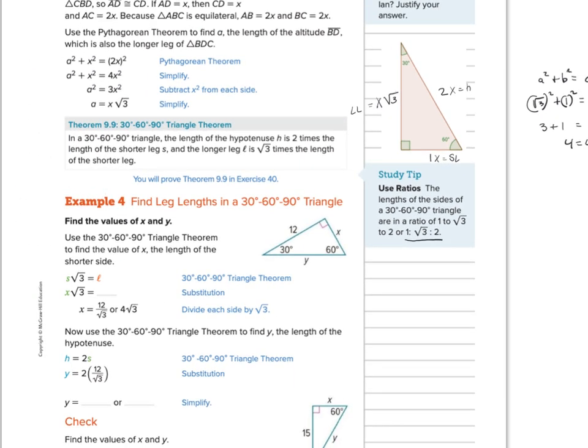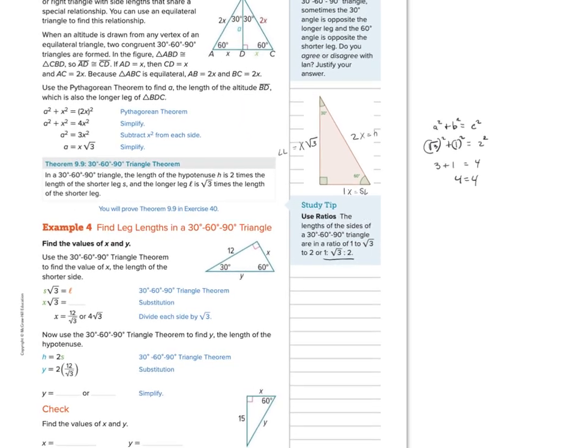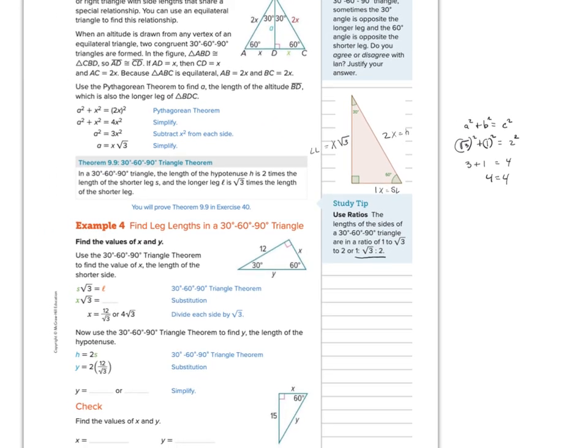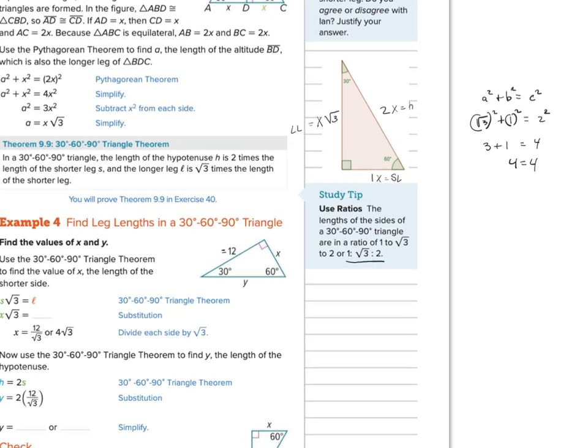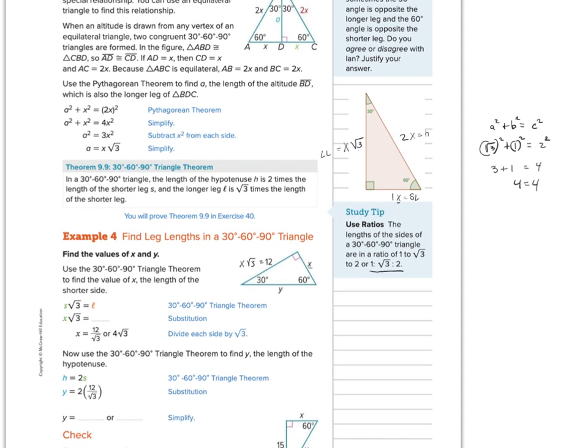Looking at this, they've come up with some information, but I do know that, goodness, they dropped that radical right there. I know that this is equal to the short leg times square root of 3. That is equal to the short leg, which happens to be x, times the square root of 3, is equal to 12.